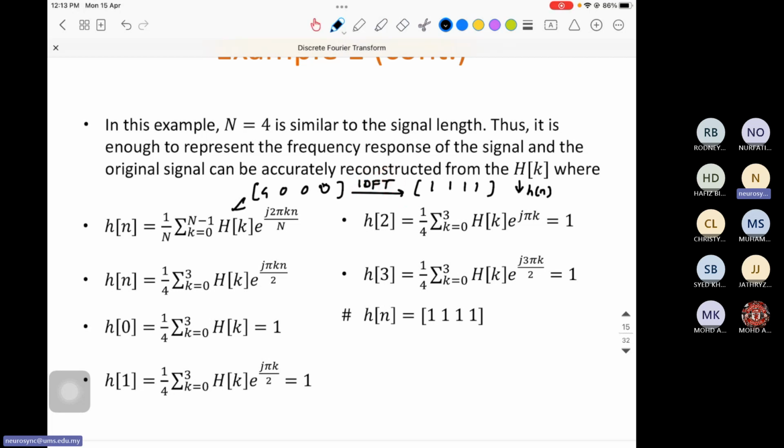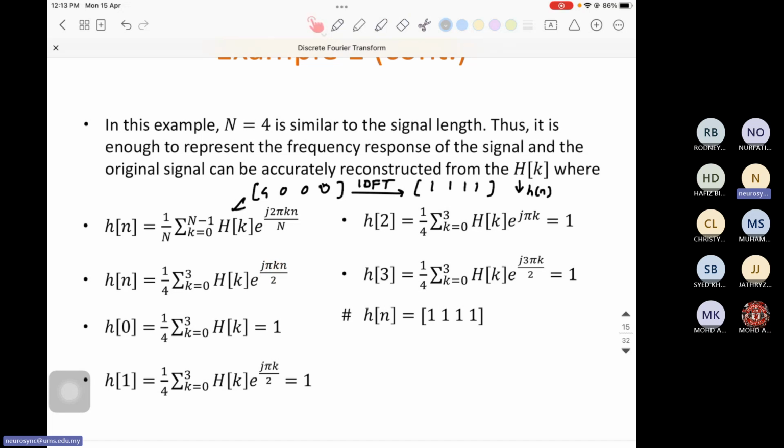Now if I apply this formula and find out the value of h of n, the first value, h of n is 1 by 4 summation k equal to 0 to 3, with e to the power j pi by 2 kn.